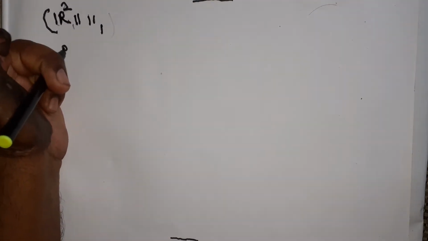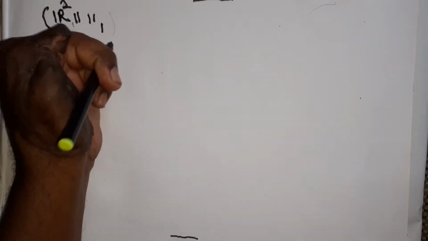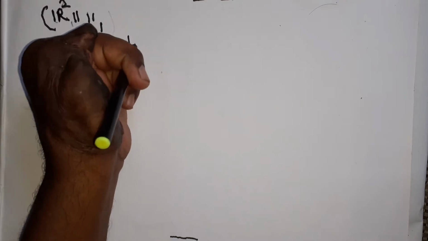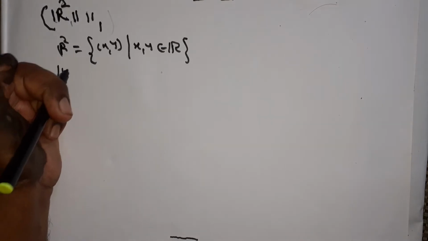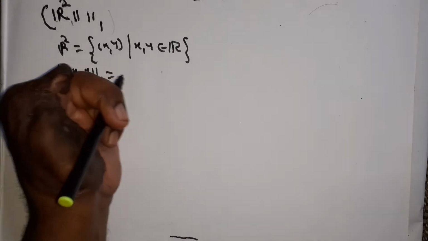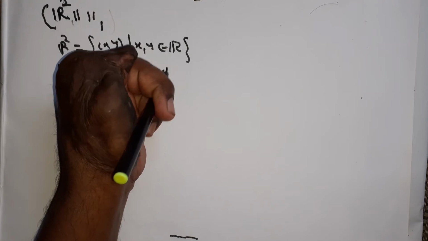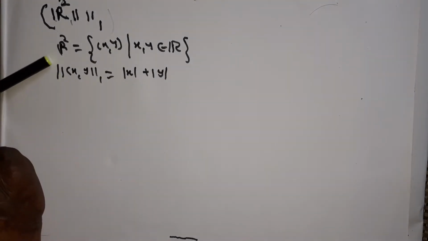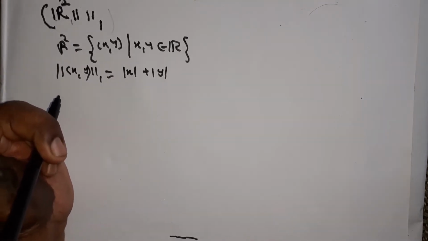R2 is the set of x comma y such that x, y belong to R. R2 is a real vector space, and norm 1 of the point x comma y is equal to mod x plus mod y.